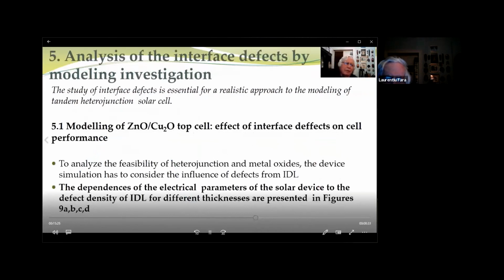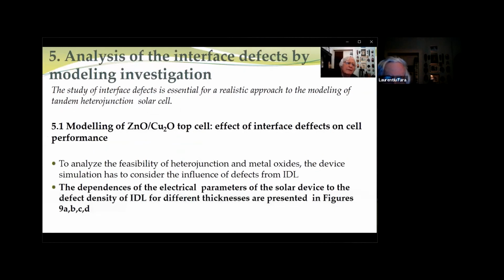An important point in our contribution is the analysis of the interface defect by modeling investigation. It is important to understand that the study of the interface defect is essential for a realistic approach to the modeling of tandem heterojunction solar cells.